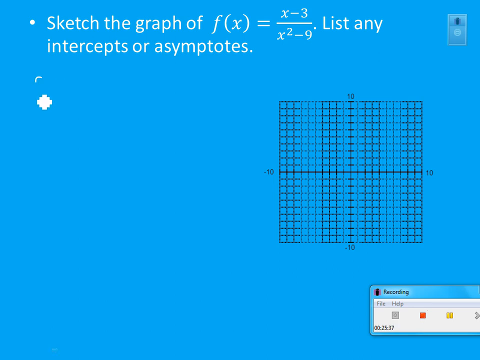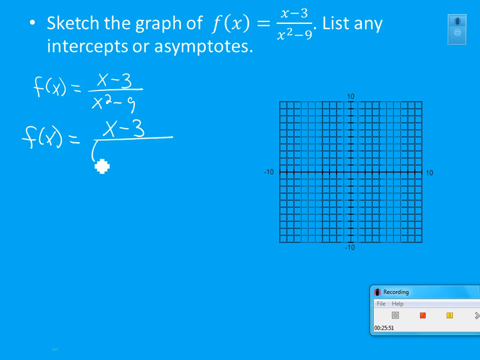Sketch a graph of x minus 3 over x squared minus 9. Well, do any factoring that you can. So the numerator stays as x minus 3, the denominator x minus 3 and x plus 3.